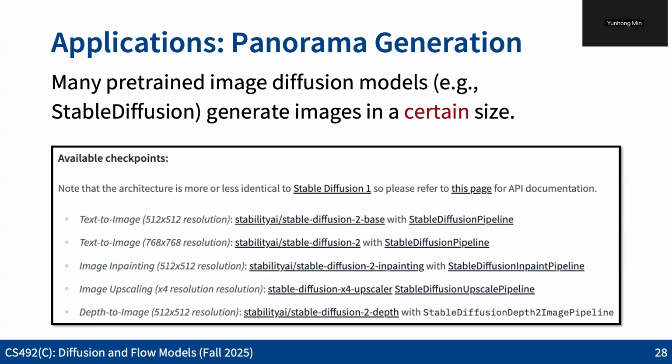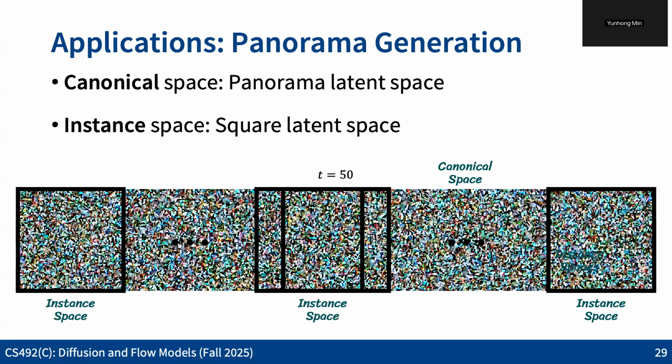For that, obviously the best idea might be to train another diffusion model. But one idea for making arbitrary-size images using the pre-trained model is to perform the diffusion process simultaneously from different perspectives.